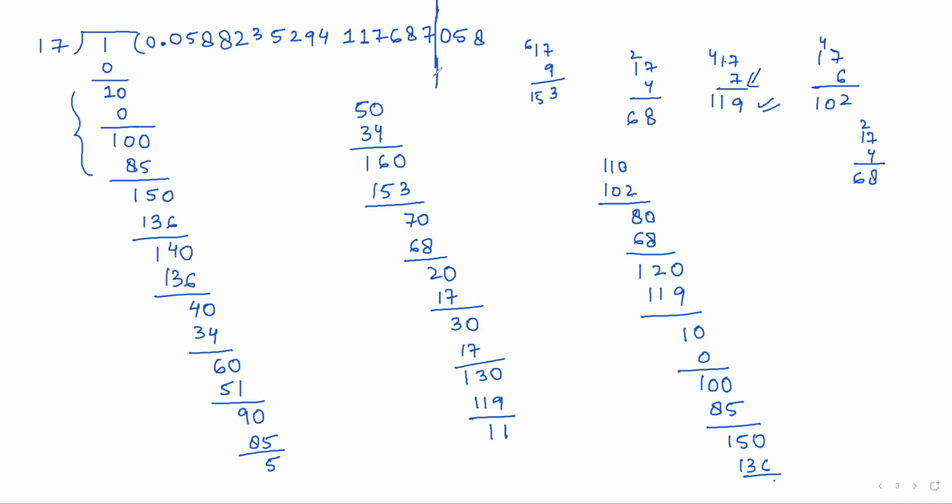Now in the question, you have to tell what can be the maximum number of digits in the repeating block of digits in the decimal expansion of 1/17. So how many digits are there? You count. 1, 2, 3, 4, 5, 6, 7, 8, 9, 10, 11, 12, 13, 14, 15, 16. I'm getting 16.